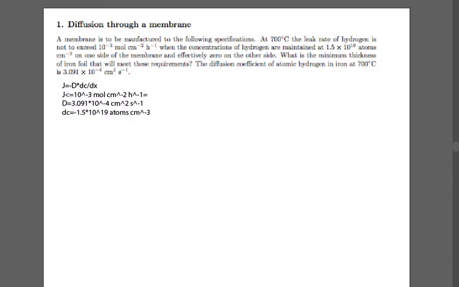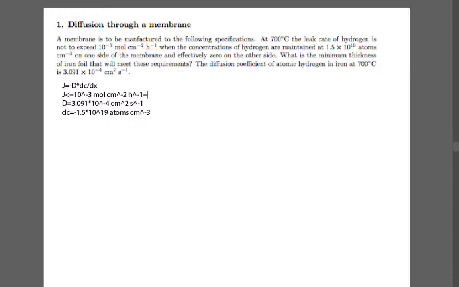So 1 hour is 3,600 seconds. We just need to divide it by 3,600, which you can plug into your calculator: 10 to the power of negative 3 divided by 3,600.